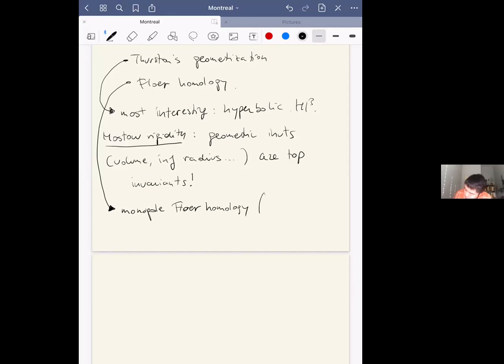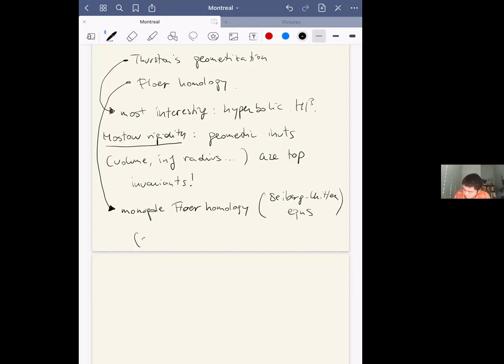This is obtained by studying the Seiberg-Witten equations on your three manifold, and it's due to Kronheimer and Mrowka. So they constructed this package of invariants.